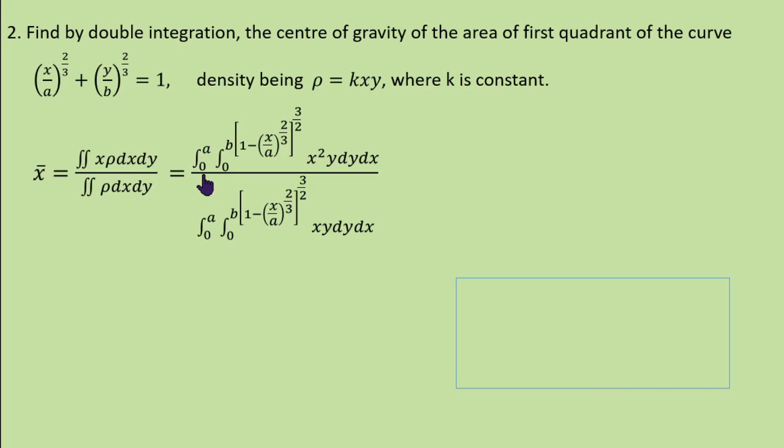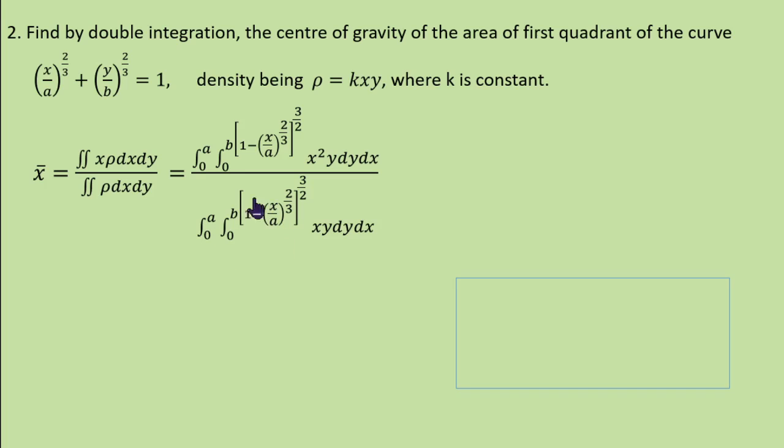For every x, y varies from 0 to the y value: 1 minus x by a power 2 by 3 whole power 3 by 2, that is y by b, and hence y equal to b into 1 minus x by a power 2 by 3 whole power 3 by 2. So, this is the limit.